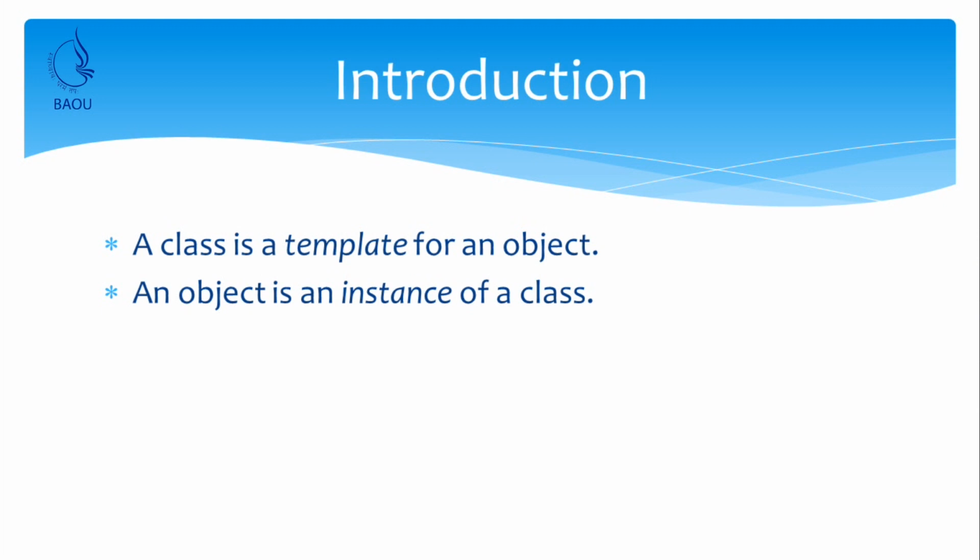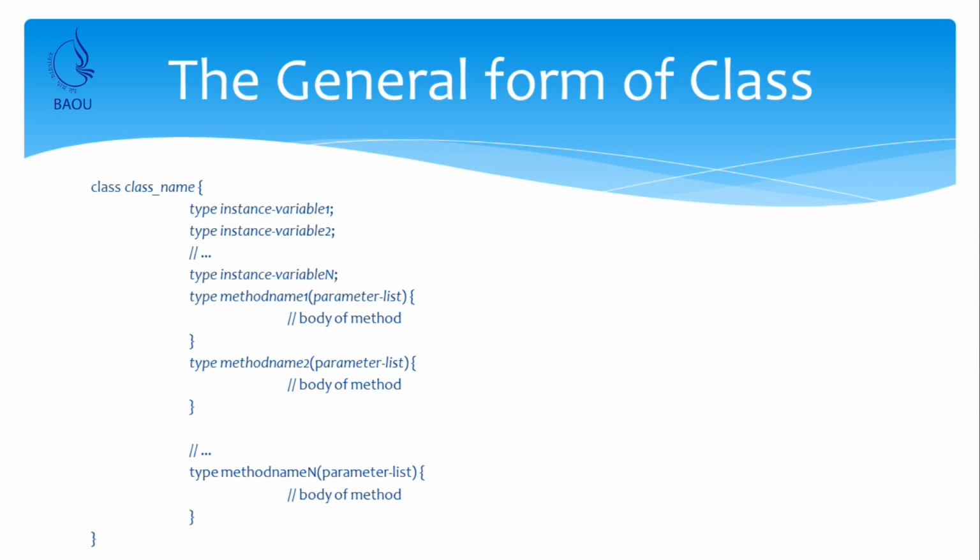For example, fruit has different properties like aroma, shape, size, color, taste, etc. So, all these common properties or common attributes are defined inside class, and whenever we create object from this class, it is known as an instance of that class or an object. So, class is a template and object is instance of class.